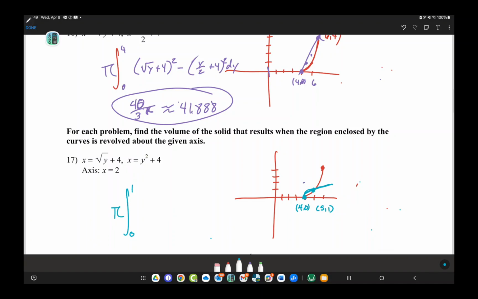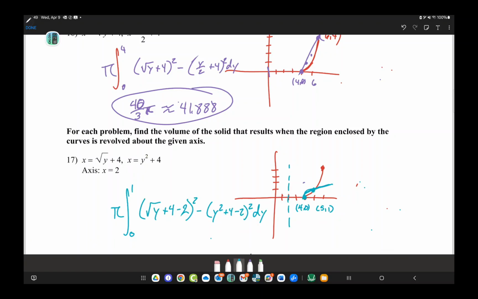I'm rotating around x equals 2, so the graph furthest from that would be pi times the integral of square root of y plus 4 minus 2 squared minus y squared plus 4 minus 2 squared dy.